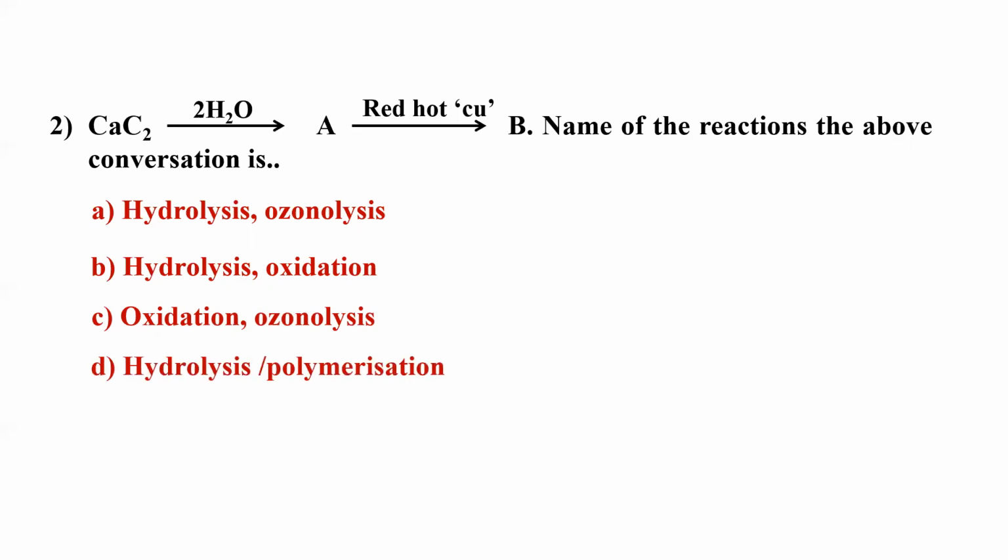Or is it hydrolysis, polymerization? So it should be pretty straightforward. Red hot copper is nothing but cyclic polymerization. Calcium carbide converting into ethyne is nothing but hydrolysis. So therefore, option D is your answer.